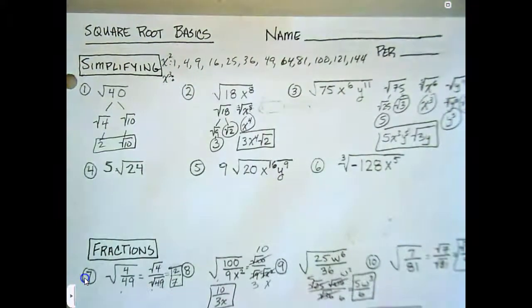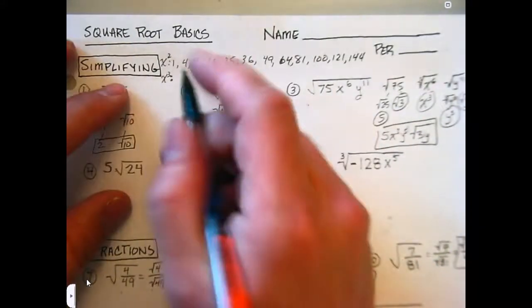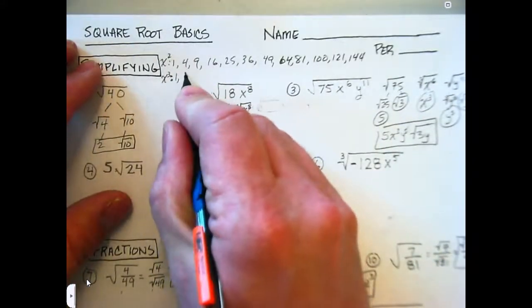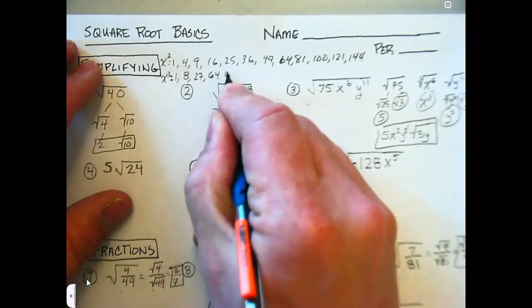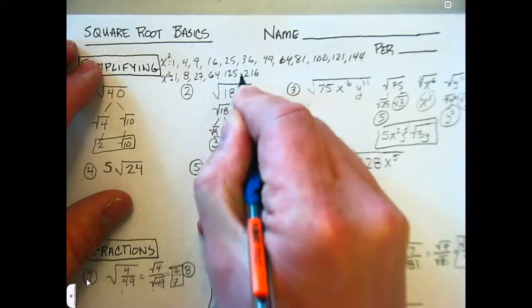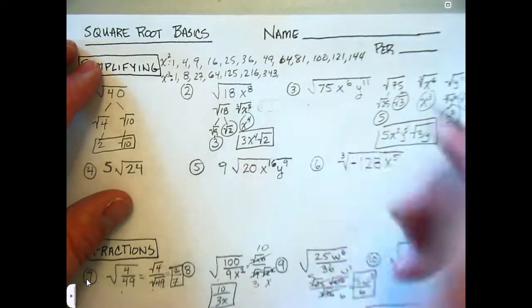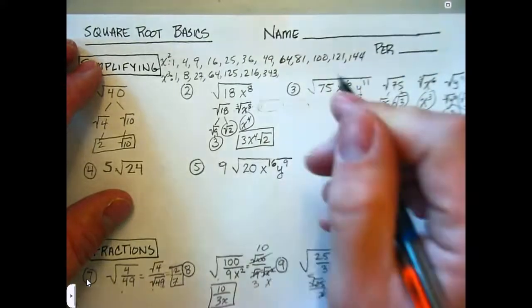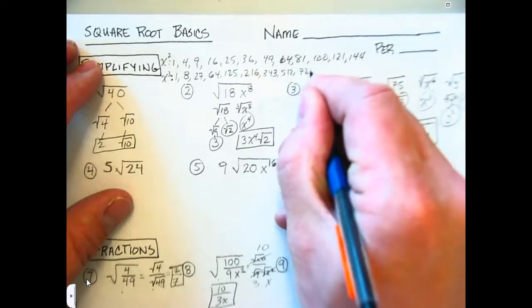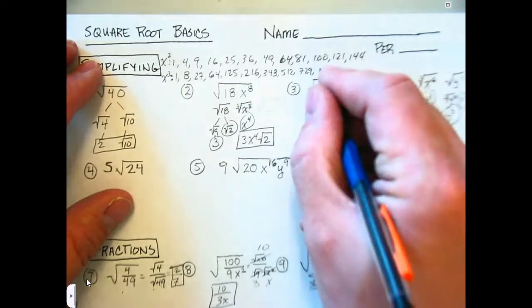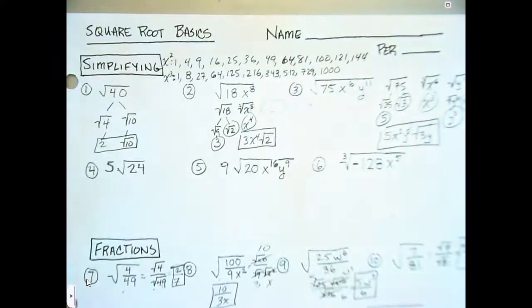Perfect cubes. Okay, number 6. Actually, let's get our perfect cubes. 1. What's the next one? 8, 27, 64, 125, 216, 343, 512, 729, 1,000.